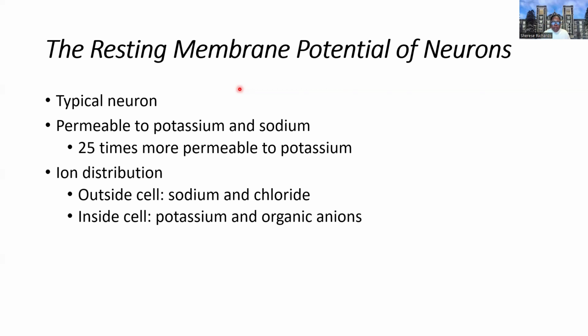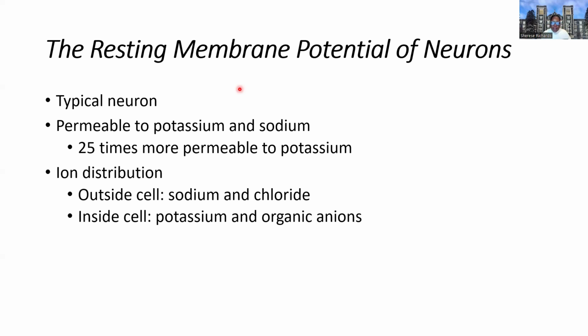Whenever I describe a permeability of an ion, I'm really just saying that we're manipulating the channels for these ions. So because we have a permeability that is 25 times more for potassium than sodium, another way to say that is we have 25 more doors for potassium to move through the membrane than sodium can, all right?